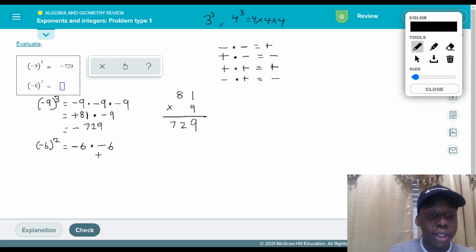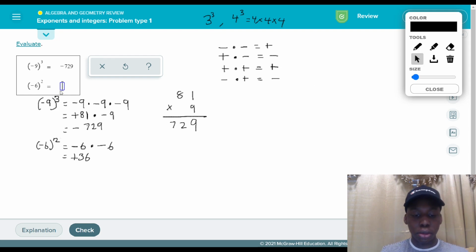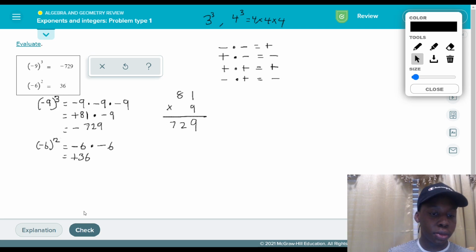When we multiply minus times a minus, that gives us a positive. And 6 times 6, if you add 6 six times, gives you 36. So that's plus 36. We're done with that. Let's check that out.